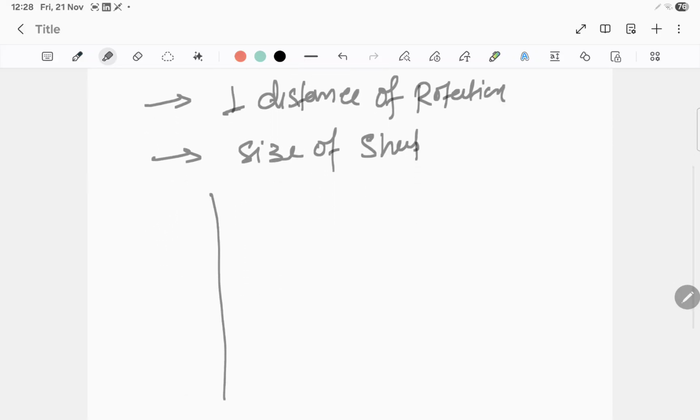Suppose this is an axis of rotation. Okay guys, the first mass m will be here at distance r, and at the same distance I have placed a mass 2m.